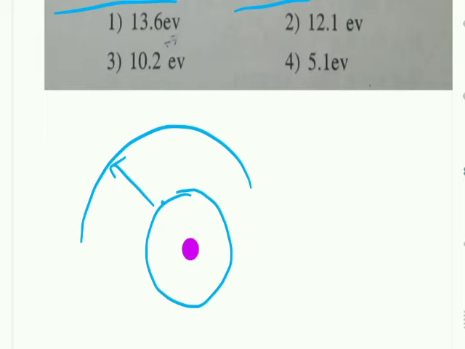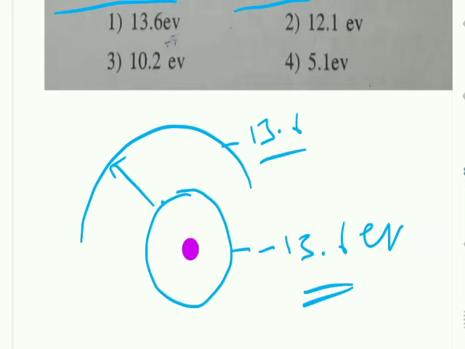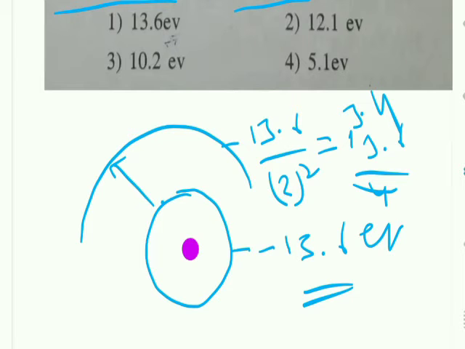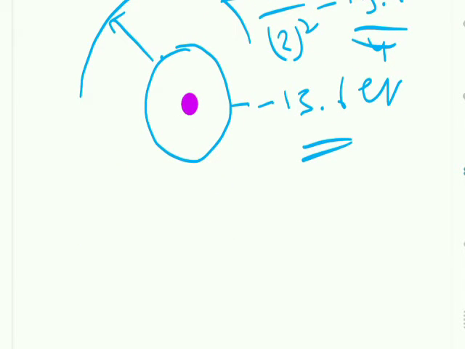In the ground state, energy is minus 13.6 electron volts, and in the second state minus 13.6 by 2 square, that is 13.6 by 4. 4 3s are 12, so 3.4.